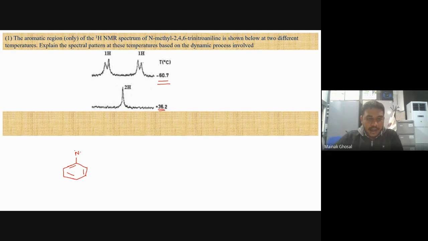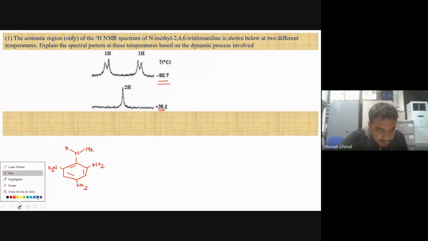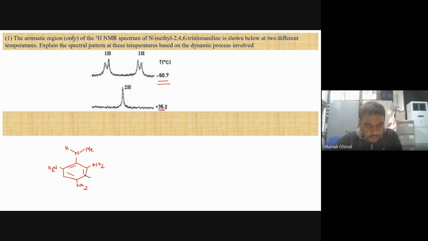Aniline is NH2, but here it is N-methyl aniline, so there will be one methyl and one hydrogen. At the 2, 4 and 6 positions there is an NO2 group, so only hydrogens are left at the two meta positions. The observation for these aromatic hydrogens is that at low temperature you get an AB quartet kind of pattern, and at high temperature you get a singlet.